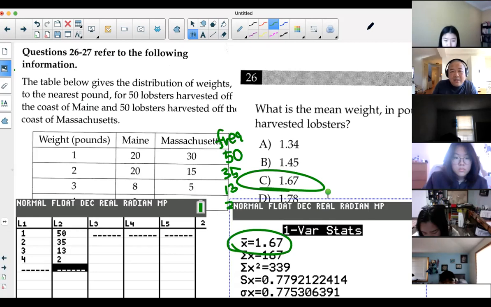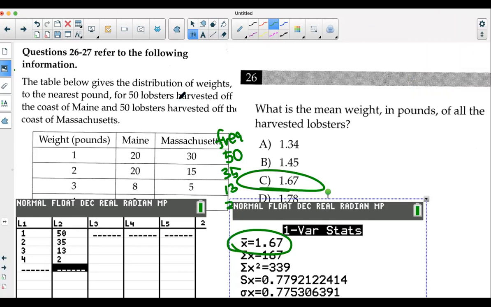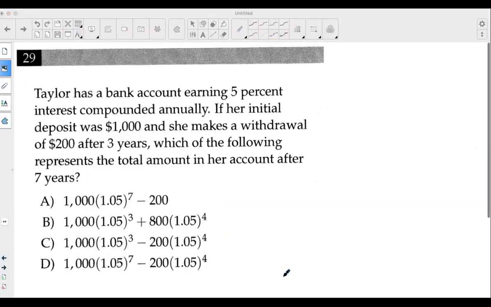All right, so now let's look at number 29 and 30. Those are the two popular or two infamous questions hated by everybody else. Number 29 here. All right, so here, Taylor had a bank account earning 5% interest compounded annually.